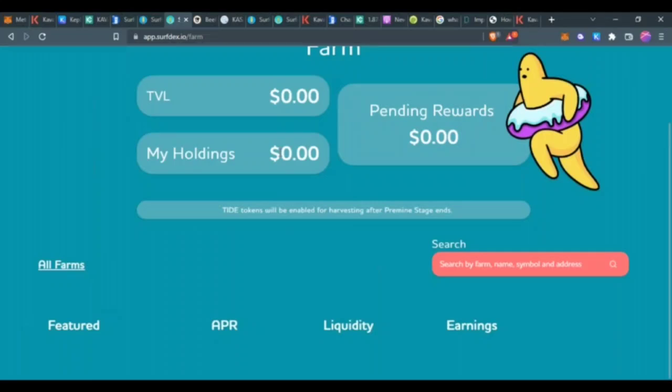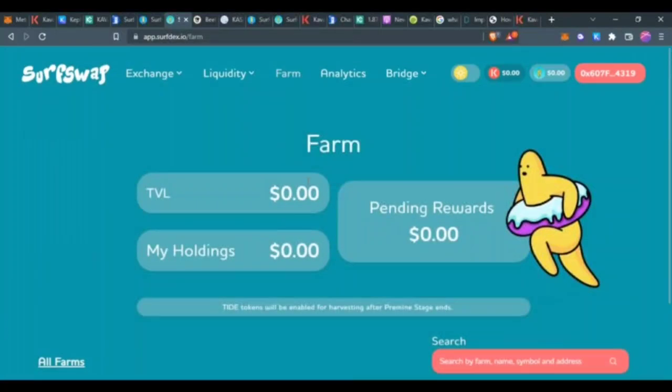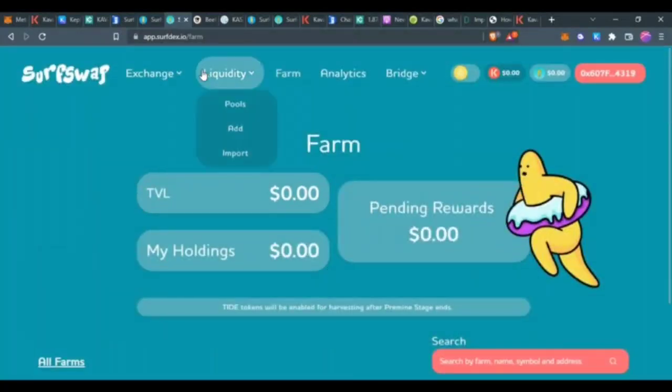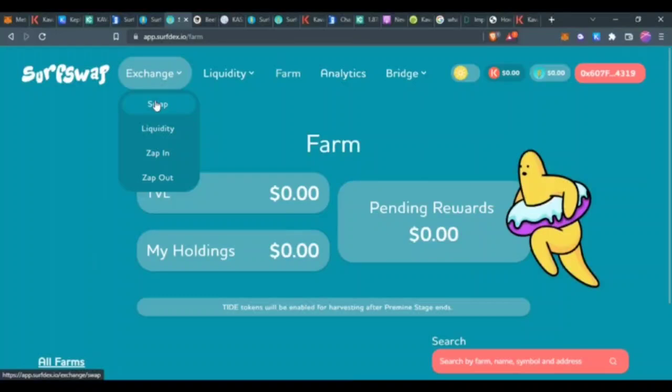Okay, Tide tokens will be enabled for harvesting after pre-mine stage ends. Got you. Okay. Hmm.